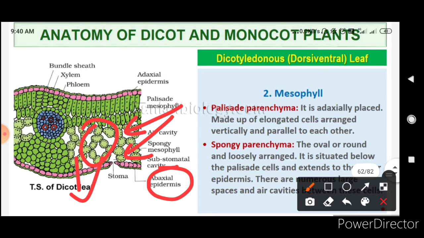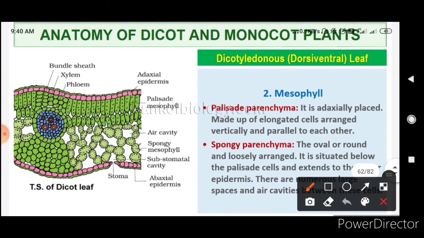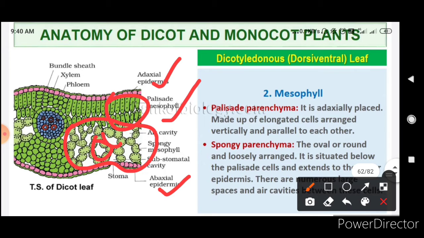In the diagram you can easily make out, this is the adaxial epidermis, this is the abaxial epidermis, and this is the palisade mesophyll, made up of elongated cells arranged vertically with each other. This is the spongy mesophyll present near the abaxial epidermis, and it contains large intercellular spaces, and the cells are oval or round in shape.